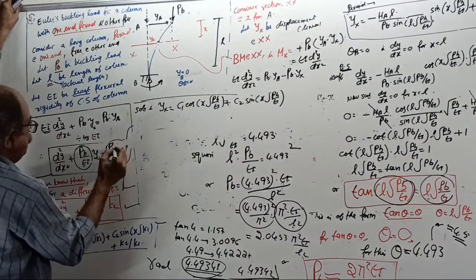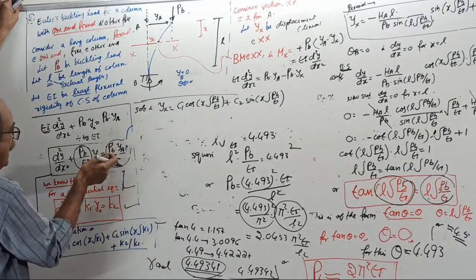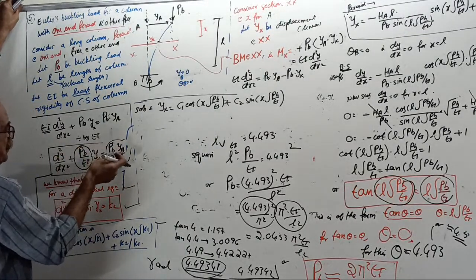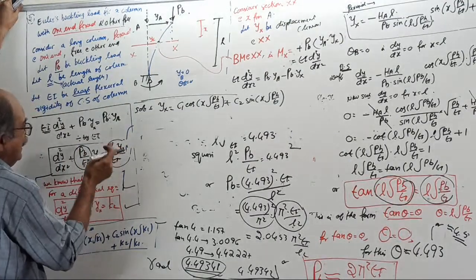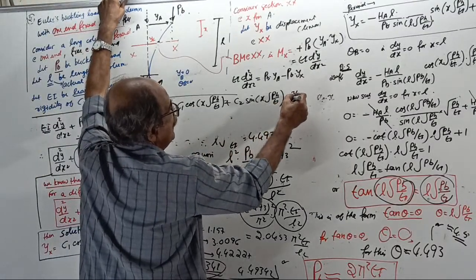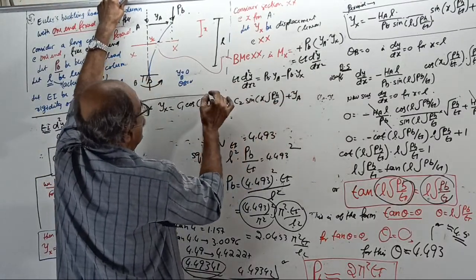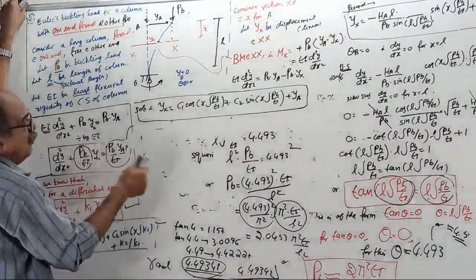This is PB by EI YX into YA. What do you get? K2 by K1. When you do K2 by K1, PB YA by EI divided by PB by EI is YA. Correct now? K2 by K1, YA, sufficient.